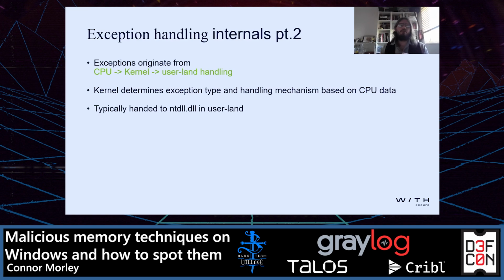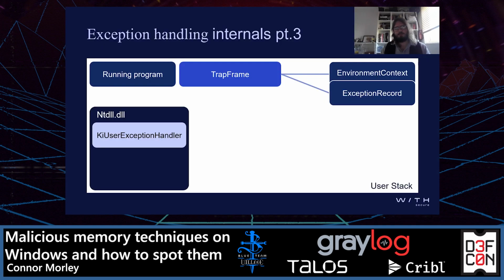The kernel determines what kind of exception type it is and what handling mechanisms are required based on the data that's issued by the CPU. The kernel does nothing, it simply interprets what the CPU is telling it and then hands it off to user land to actually handle the issue. This is typically done through NTDLL in userland.